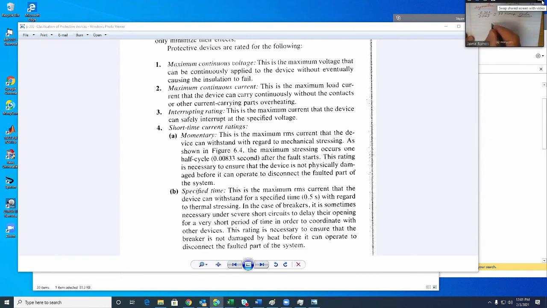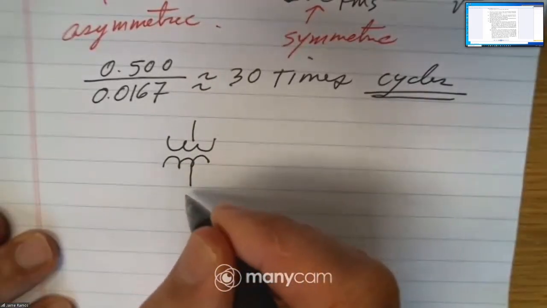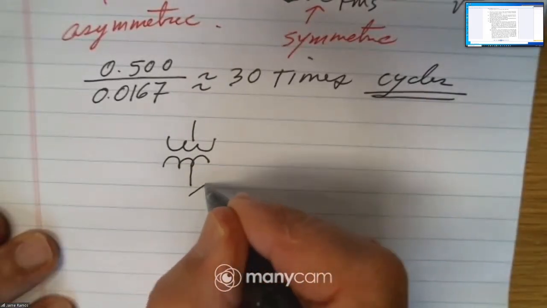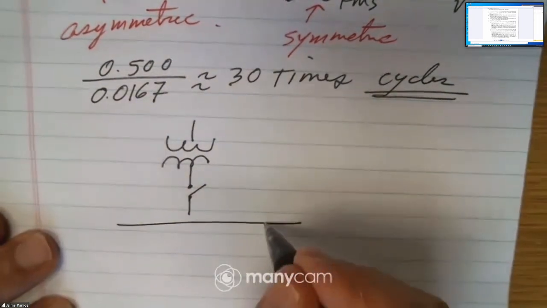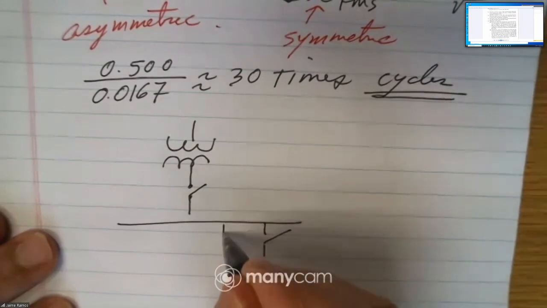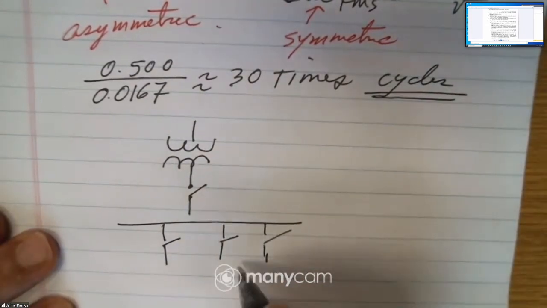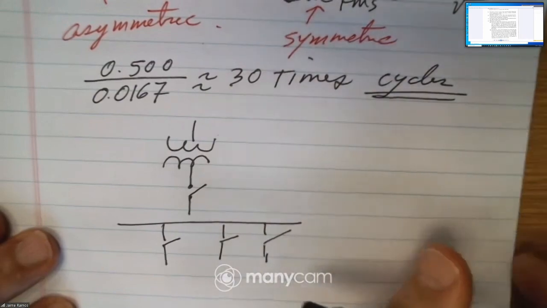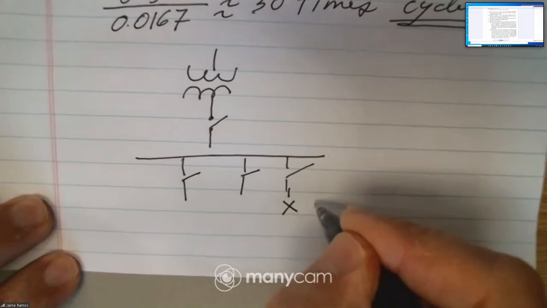Coordination means that there is a circuit breaker here, and then we have different panel boards to the loads. So there is a fault here.